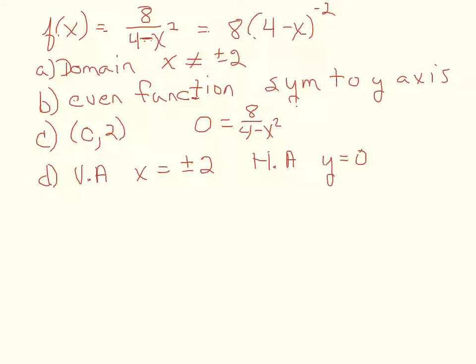All right, for time's sake, I'm going to tell you that the first derivative turns out to be 16x over (4 minus x squared) squared. So my critical number is x equals 0.